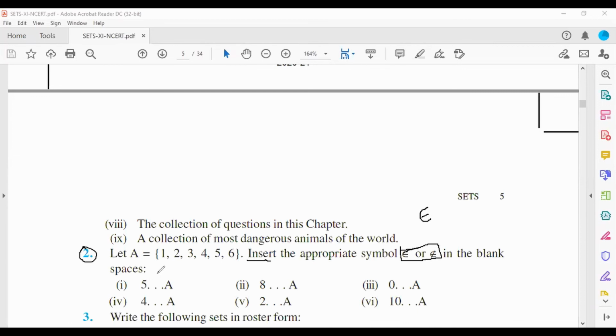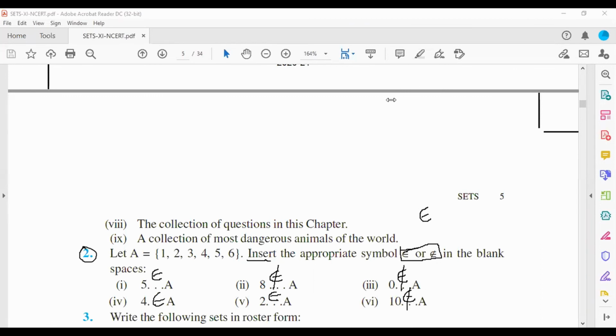Just check whether the given element is there in set A or not and give your conclusion. 5 is there, yes, so it is an element of A. No, it is not found, so you strike it off. 0 not found, you write the element symbol and strike it off, not an element of. 4, yes, it's an element. 2, yes, an element, and 10, no. So make it element of, strike it off, not element of.